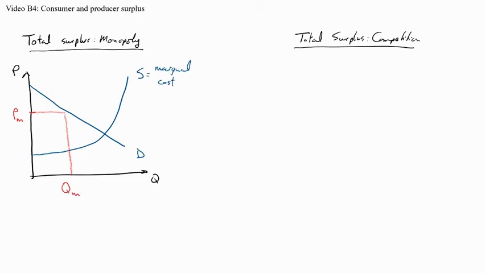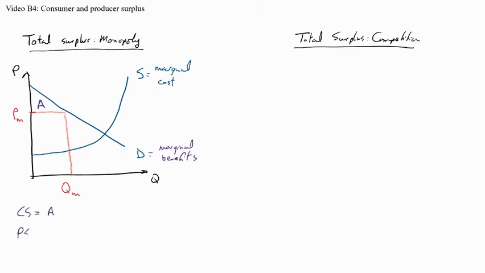Now we can introduce the different surpluses. The consumer surplus is going to be the area A above the price line but below the marginal benefits that are enjoyed by the consumer. So our consumer surplus is going to be area A.